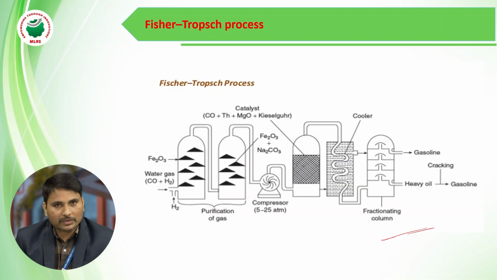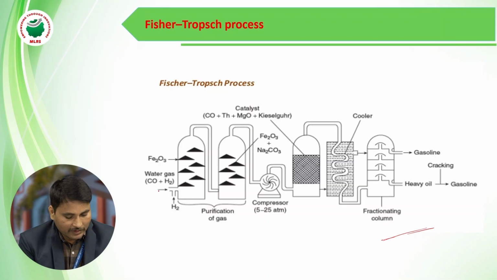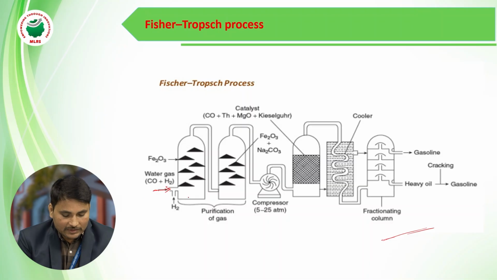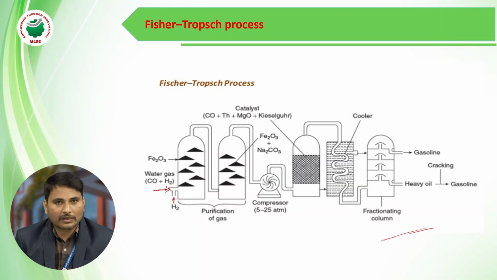Here we are producing the water gas and inserting it here. The water gas is mixed with excess hydrogen, and they move towards the first chamber. This first chamber and the second chamber are the purification chambers.